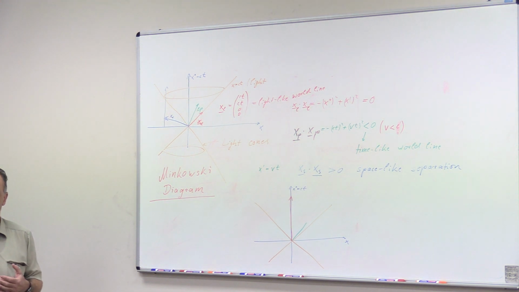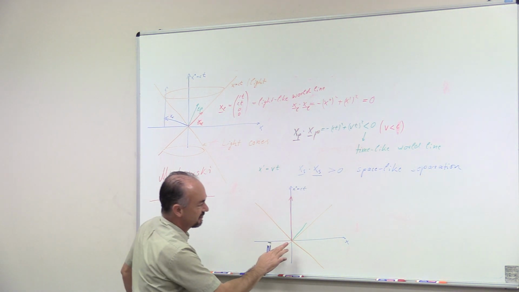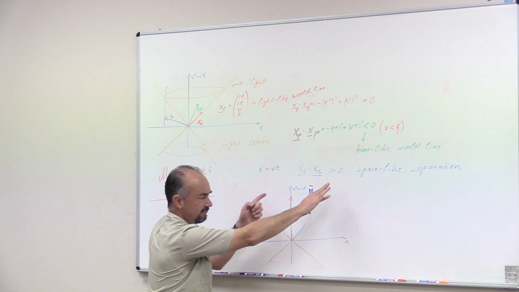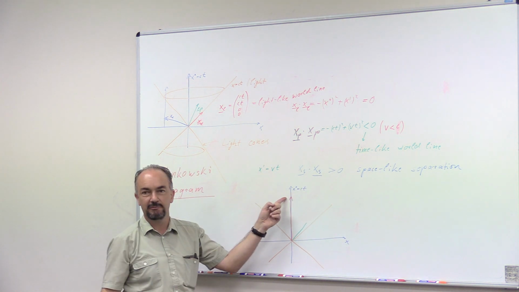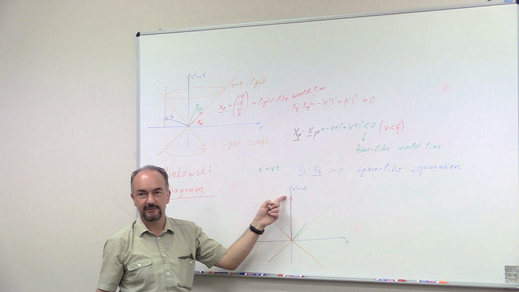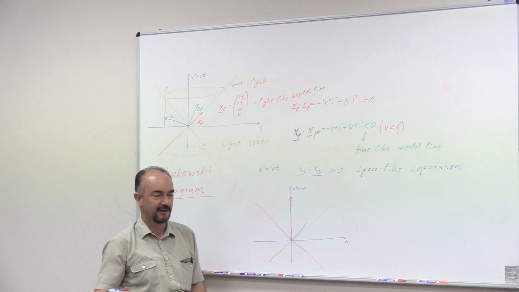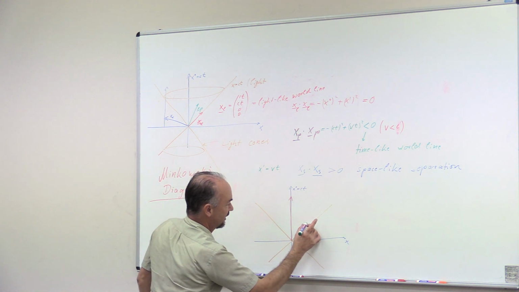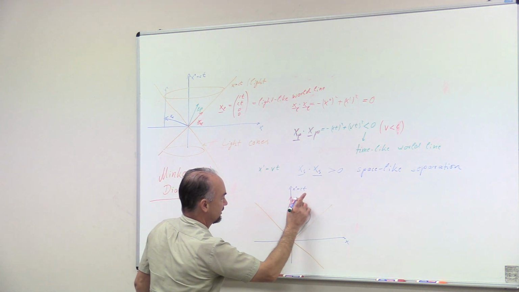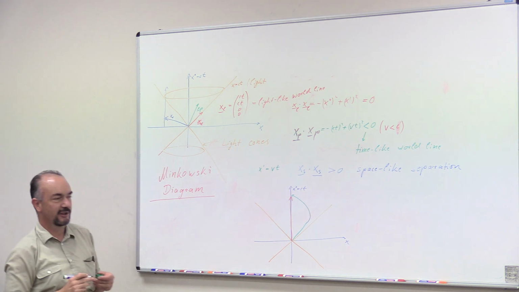But what else does he have to do? What happens if he just keeps going and going and going? They'll never meet to compare their clocks. Right? So what does he have to do, or she? At some point, you will have to turn around so that they can come back and compare their clocks.